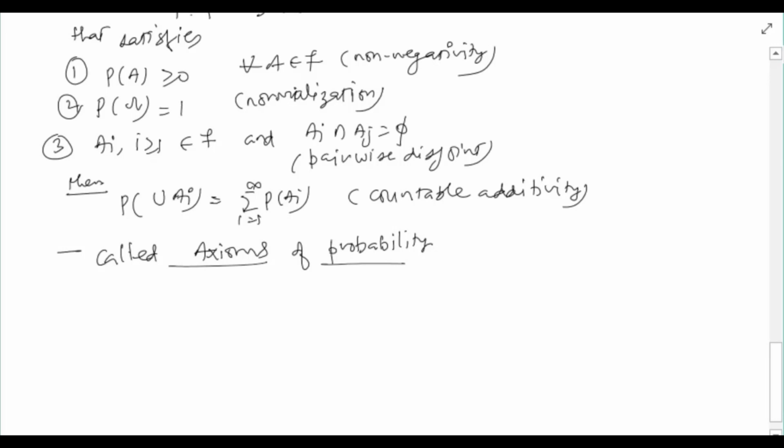Having defined sample space, event space and probability law, we can now define the so-called probability space. The tuple omega, F, P is called probability space.